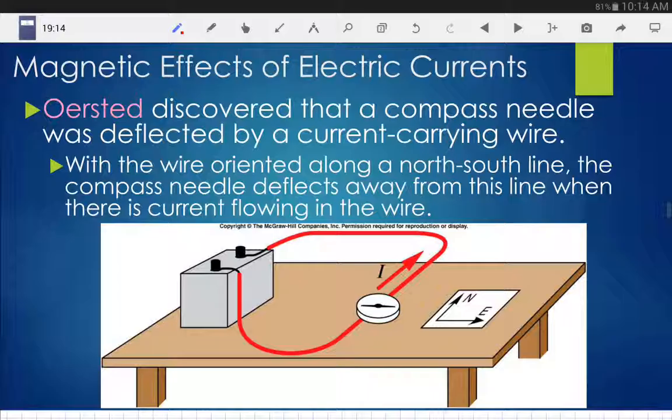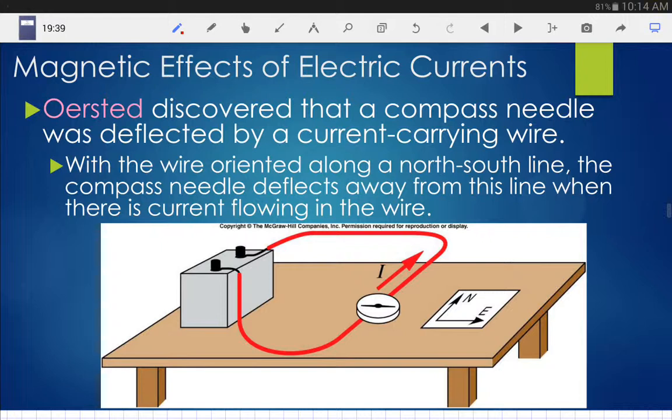Let me go forward. Here it is. Ørsted's accidental discovery. Full name, I believe, was Hans Christian Ørsted. So he has the compass here. He has his experiment set up. And one of the things he's doing for his experiment is he has a power supply.